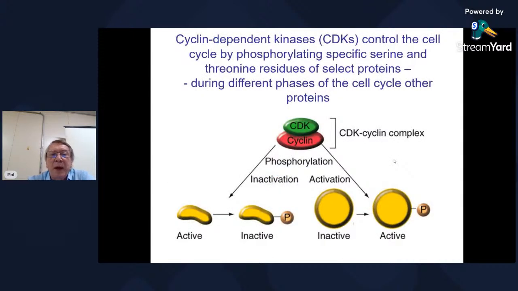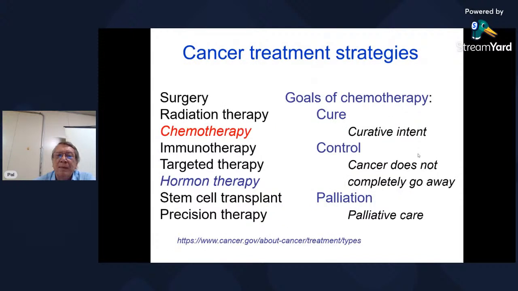The cyclin-dependent kinases control the cell cycle by phosphorylating serine and threonine residues of selected proteins during different phases of the cell cycle, other proteins. You can see sometimes phosphorylation can activate, and sometimes phosphorylation inactivates these proteins.